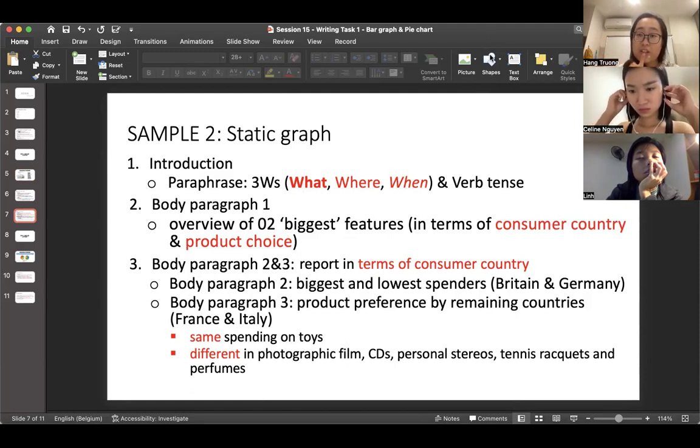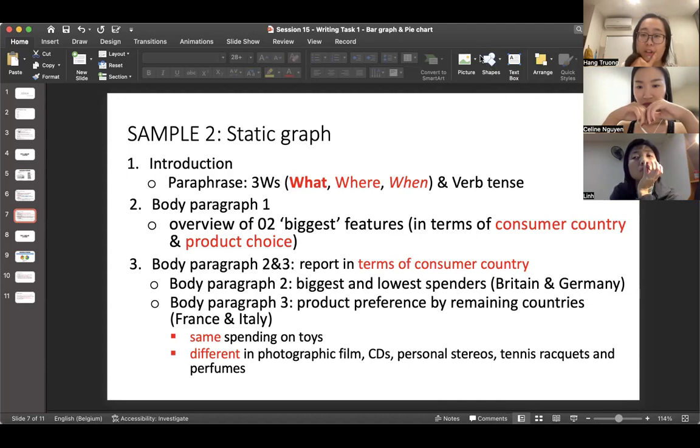So what is a general trend, right? Highest in terms of data shown in 2 axes. Yeah, biggest features, so most significant features, right? Yeah, in terms of the country, in terms of the item of the product choice.